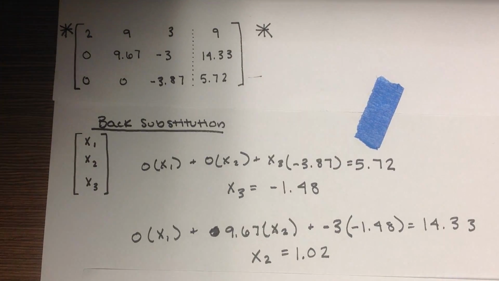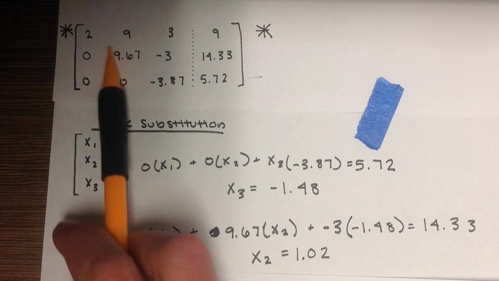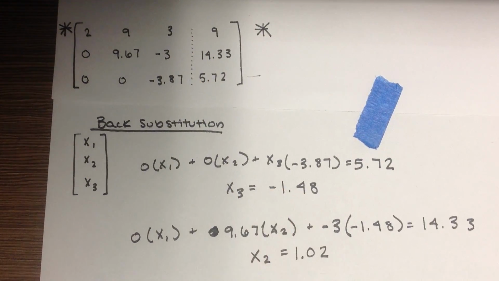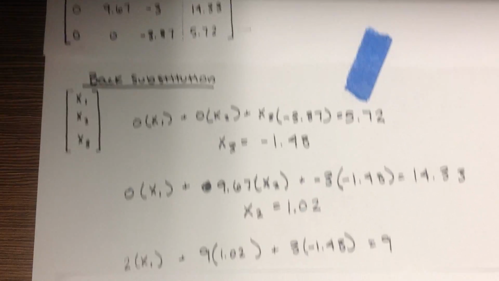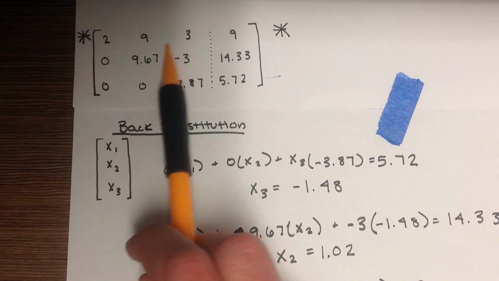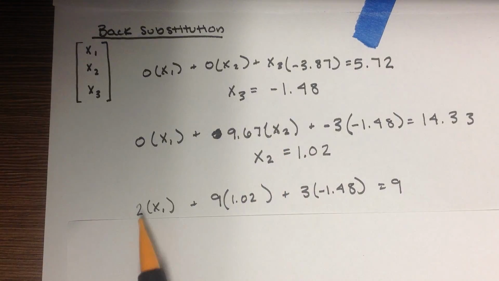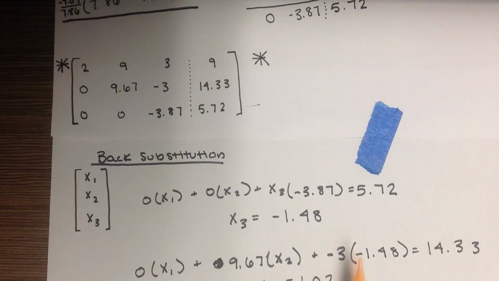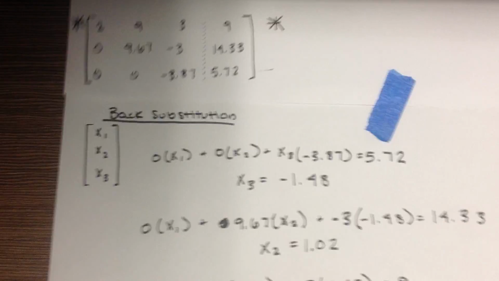Lastly, we can do it again, but this time with the top row. We're going to plug this in for x2, this in for x3. So 2 times x1 plus 9 times 1.02, which is x2, plus 3 times negative 1.48, which is x3, and all of that will equal 9 as indicated.